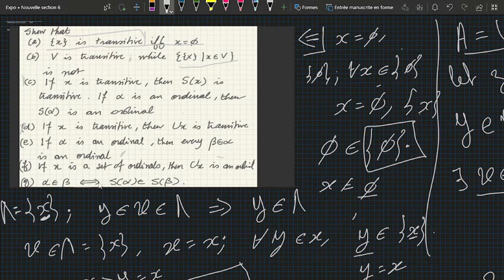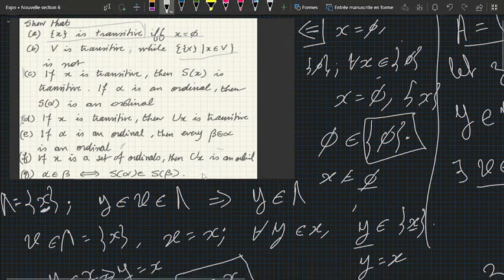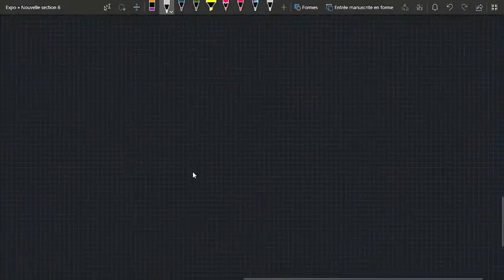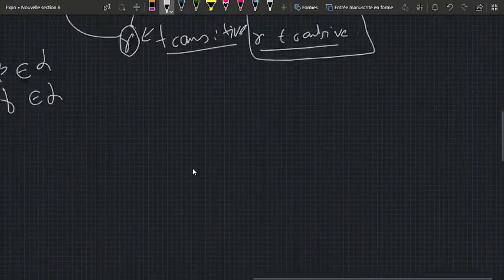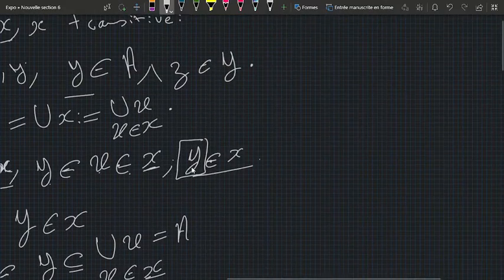So, if X is a set of ordinals, then the union over X is ordinal. It's not the same as before.